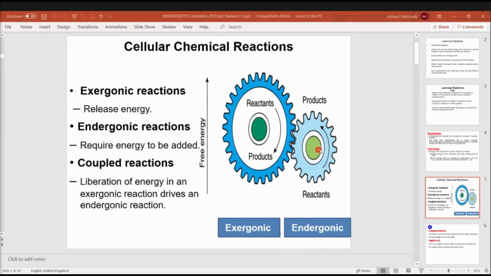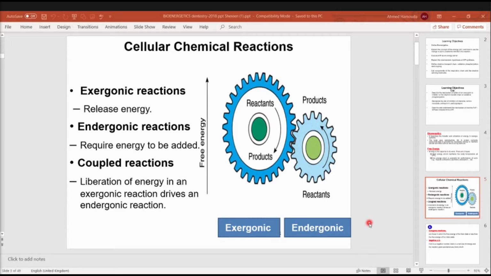So what is the summary of the slides? You have three types of reactions. An exergonic reaction releases energy. An endergonic reaction requires energy; you have to give energy in order for it to happen. And coupled reactions are reactions that have an exergonic reaction along with an endergonic reaction.